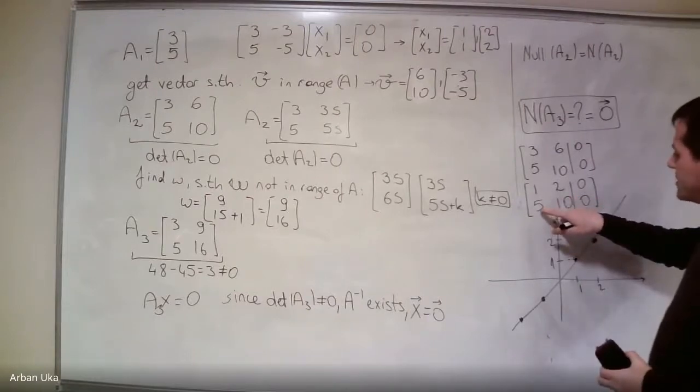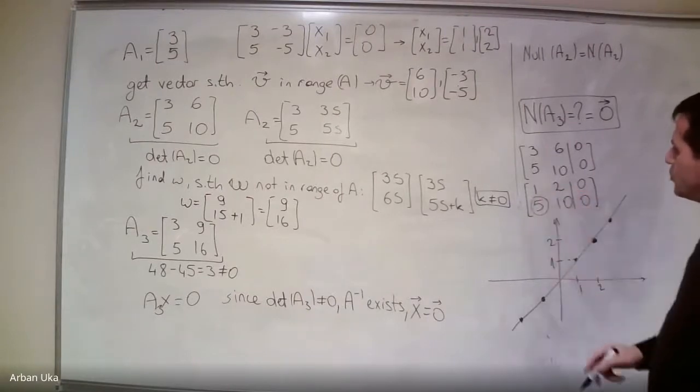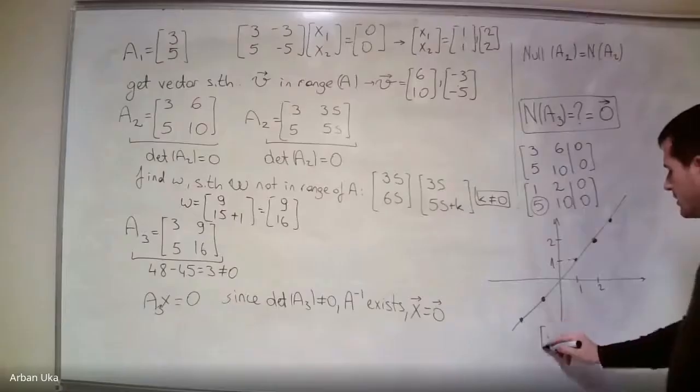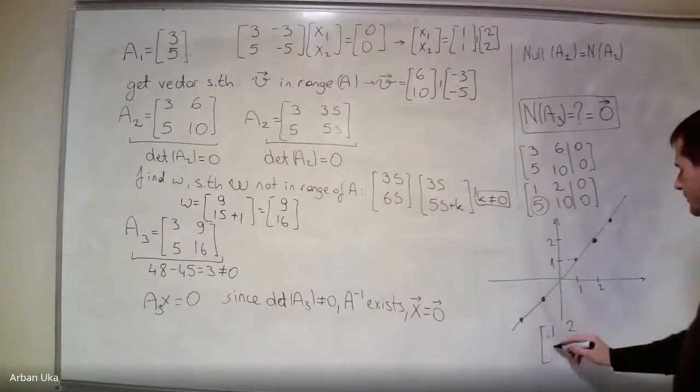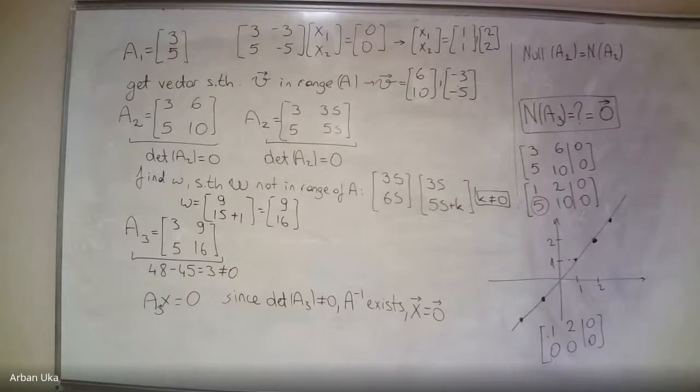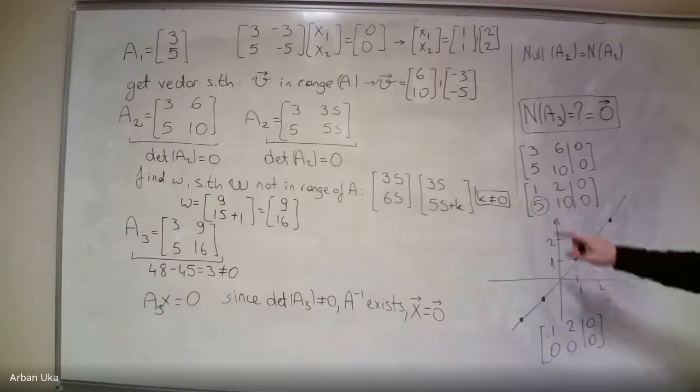How can we make 0 here? Row 2 minus 5 times row 1, right? Yes. Then from here, we get 1, 2, 0, 0, 0, 0. Wait a second. Sorry.